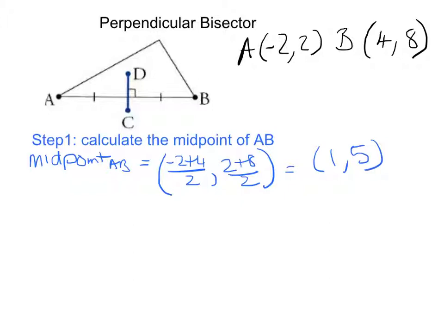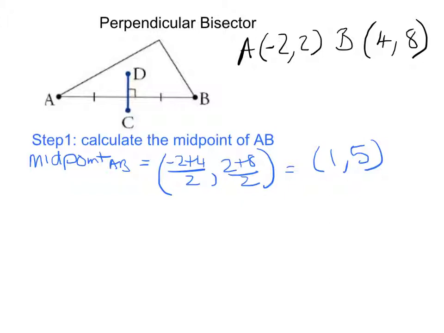Now what we've calculated here is the point where CD crosses AB. So I have a point on my line, the perpendicular bisector.